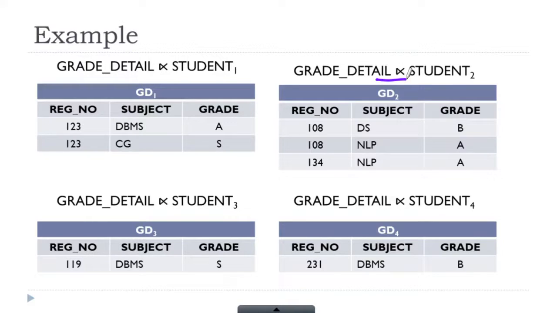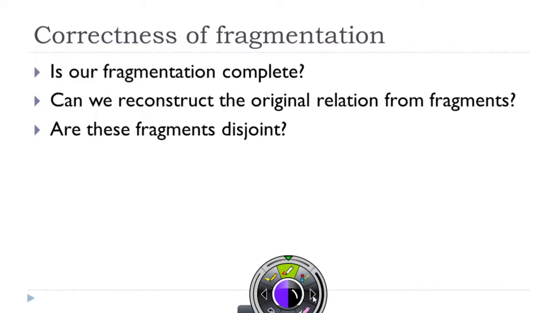These two students are part of the student 2 fragment. Likewise, we have fragmented into 4 fragments. Now the related details end up in the same site. So this is what derived horizontal fragmentation is about.